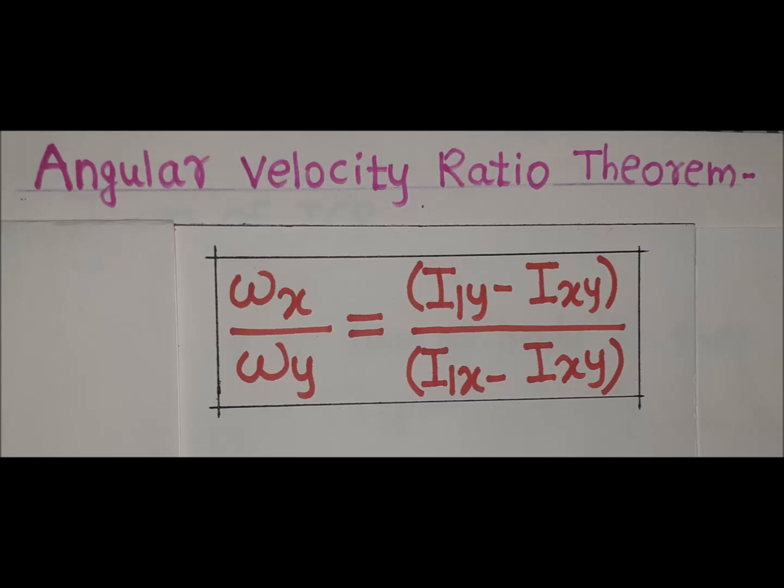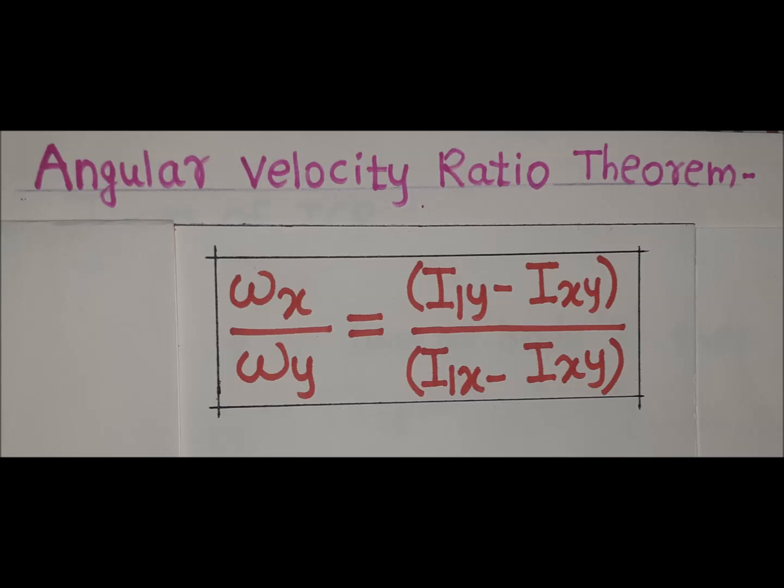If you are confused with the stuff which we have discussed so far, then you can pay attention to this final relation. Omega x upon omega y is equal to I1y Ixy divided by I1x Ixy.